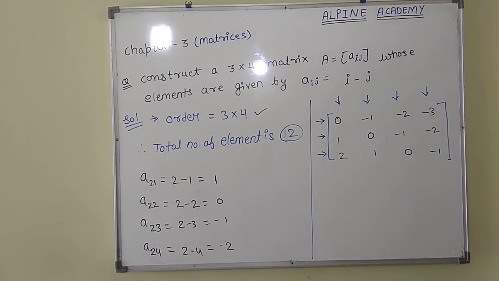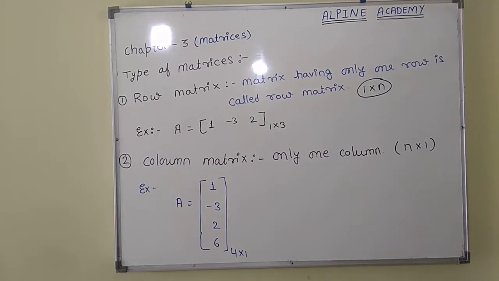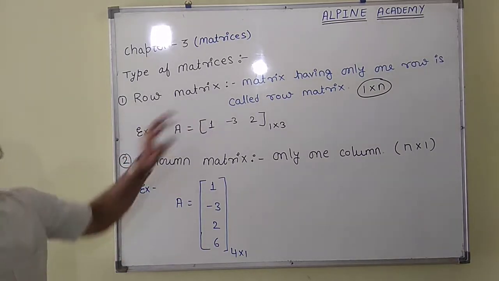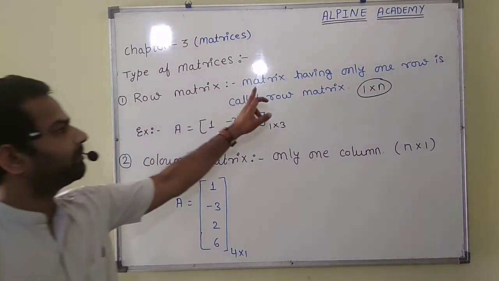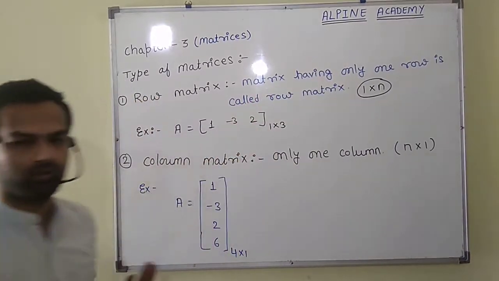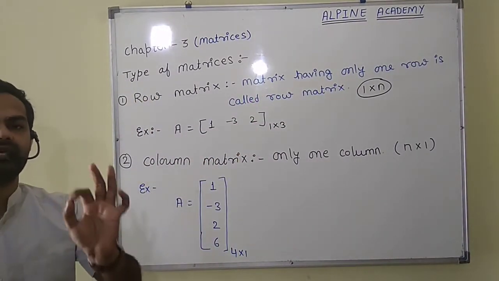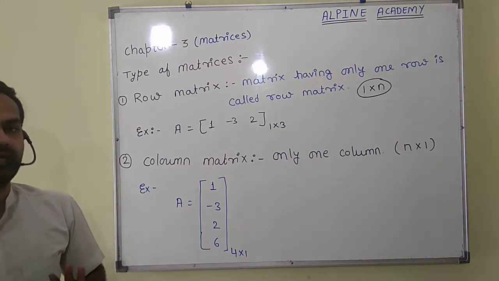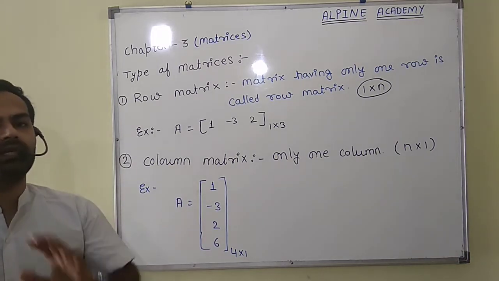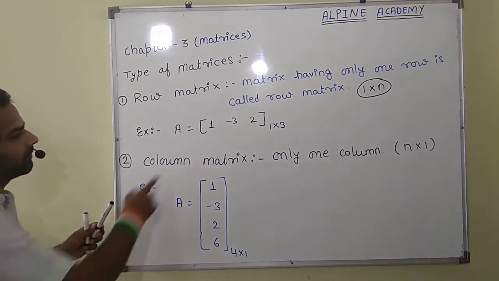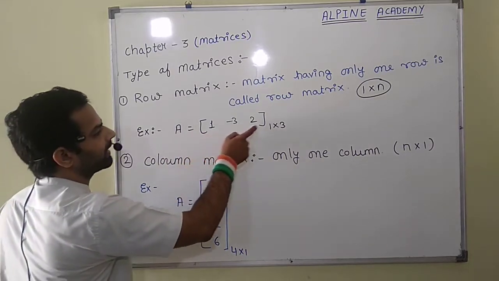Now we will see the different types of matrices. The first one is the row matrix. A row matrix is a matrix having only one row. Any matrix which has only one row is called a row matrix. There is no restriction on the number of columns. For example, A = [1 -3 2].